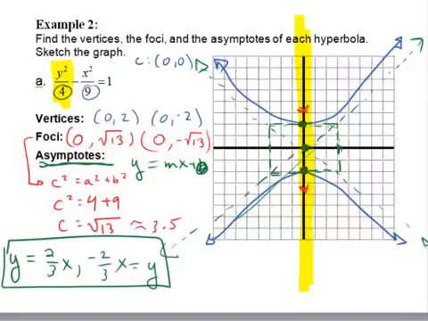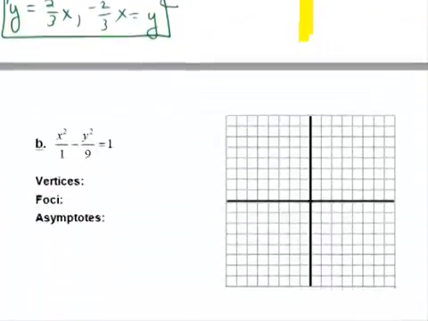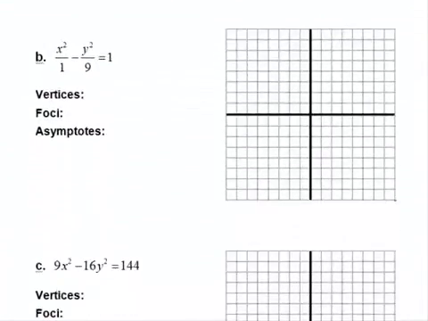All right, let's look at another example together. This one, you're still centered at 0, 0. The value underneath your x is 1, so those are going to be square root 1 unit away. Those are your vertices. The 9, square root 3, tells you about your box.